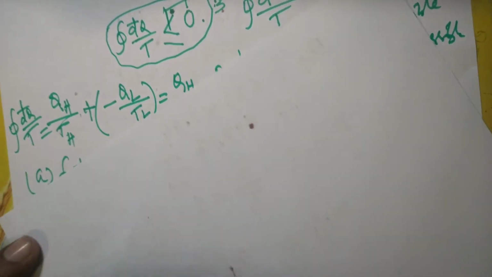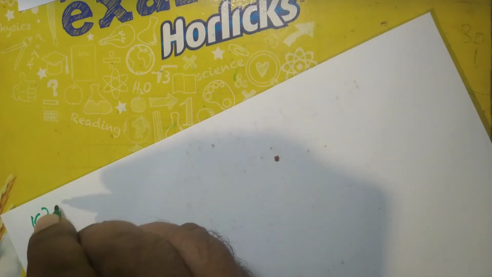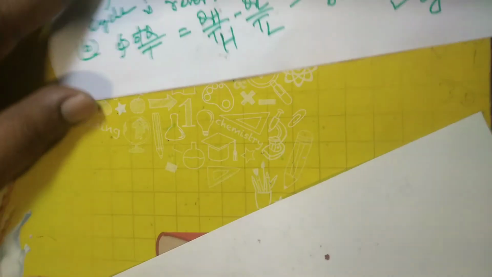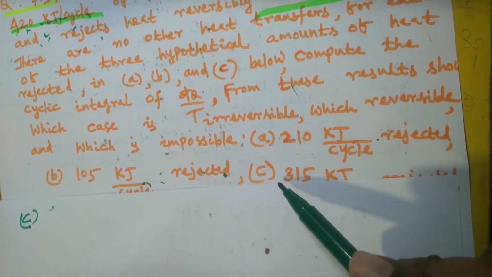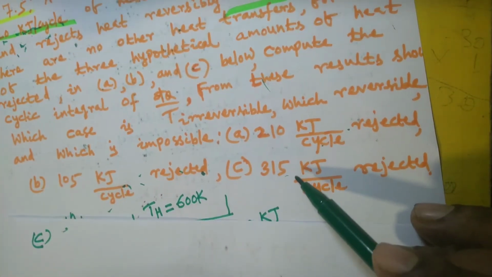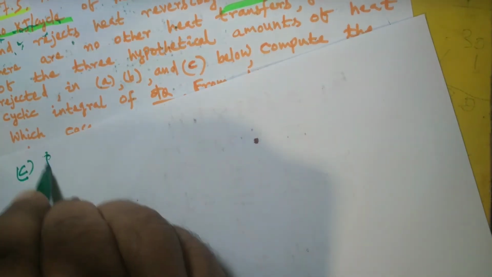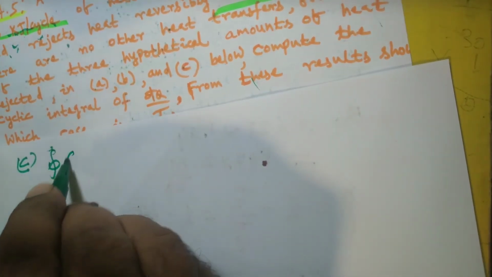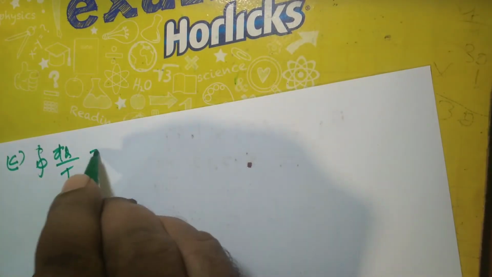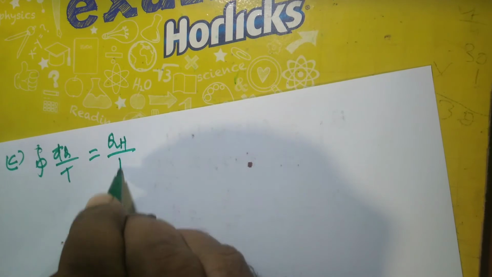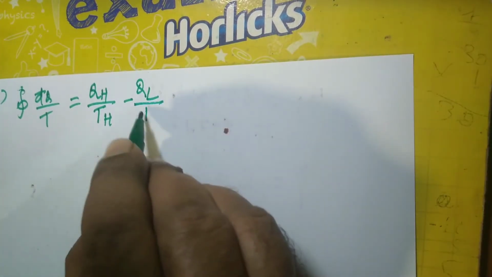Then for C, the amount of heat rejected is given to be 315 kilojoule per cycle. So the cyclic integral of d cut Q by T is equal to Q_H upon T_H minus Q_L upon T_L.